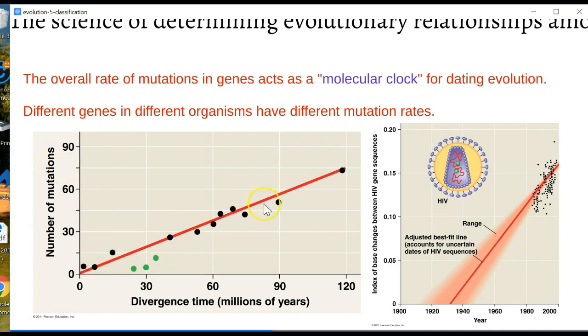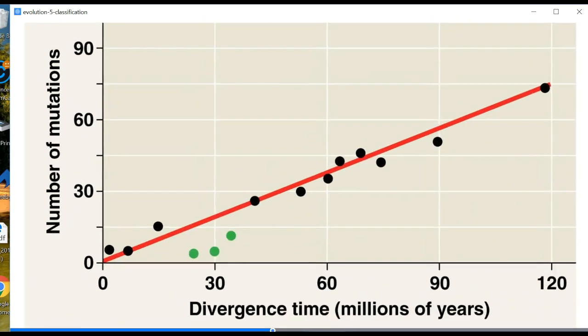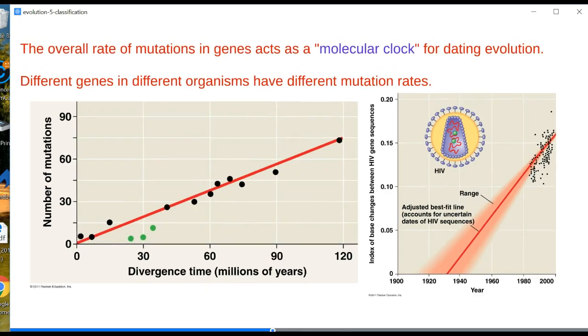And if you draw a best fit line throughout the data, you see that as time goes on, so divergence time goes on, so millions of years, we see the number of mutations pretty much steadily increases. And so we can use that to track how similar or how dissimilar.